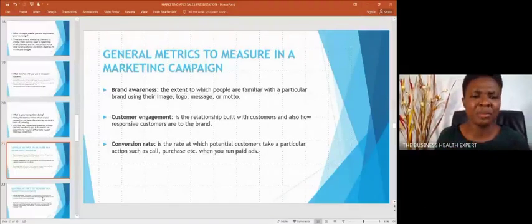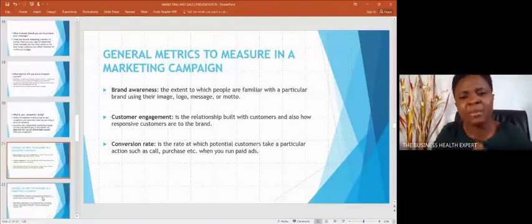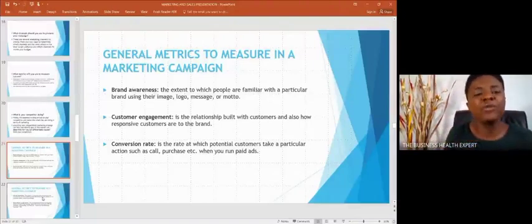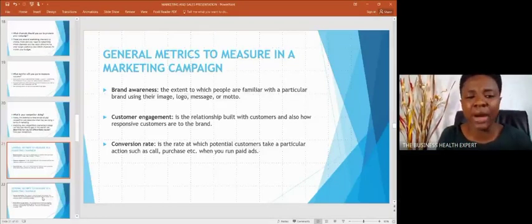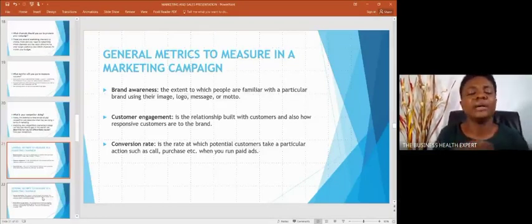People are very familiar with their products. So also, amongst your target customers, how familiar are they with your product? For startups, for people who are just launching out, it is very important that you put in a lot of effort in creating awareness of your brand before you talk about generating sales.